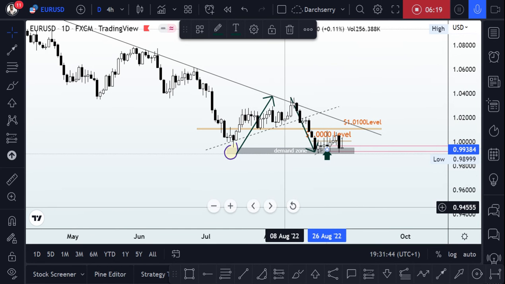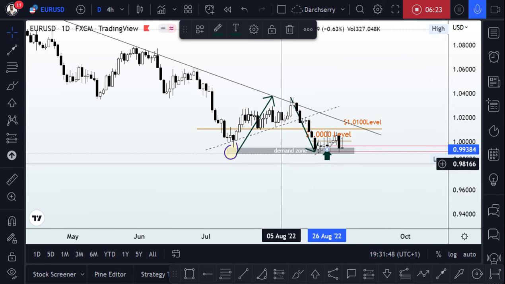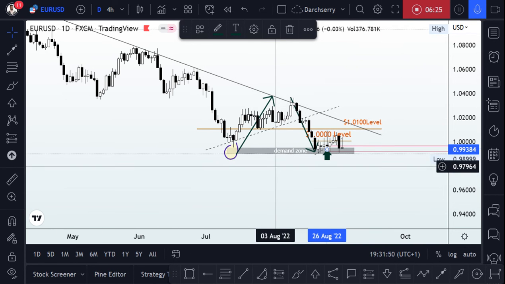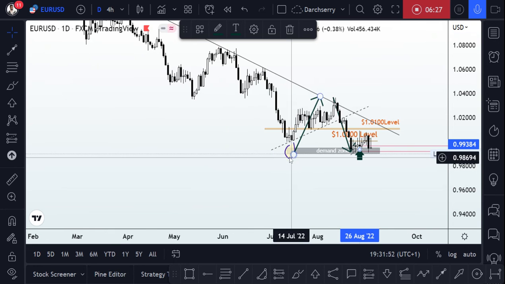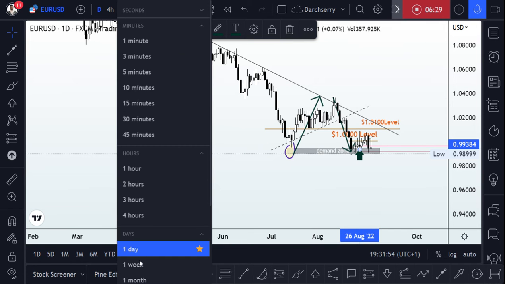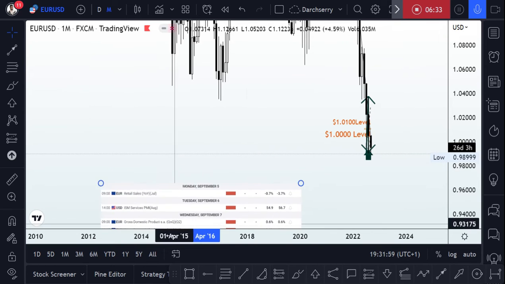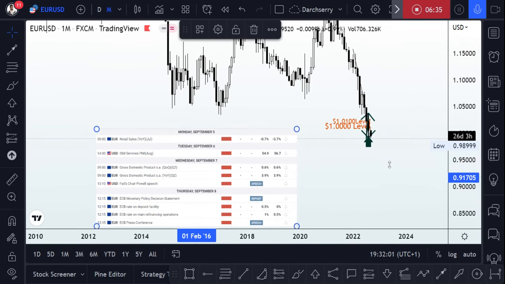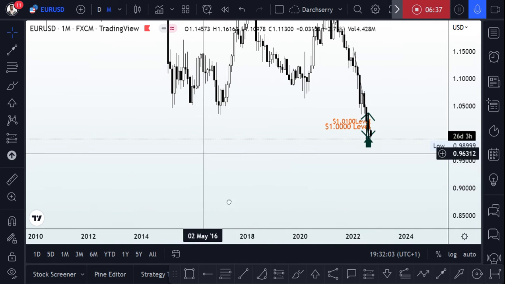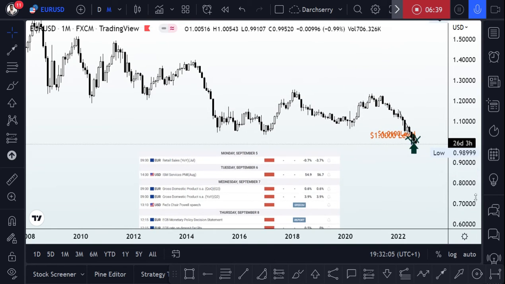And if we compare what we have here to the past, we can see that this is the lowest point the euro has ever been in the last 20 years. If we scale up to the monthly time frame, we can see that this is the lowest point, hold on a second, that the euro has ever attained in the last 20 years.